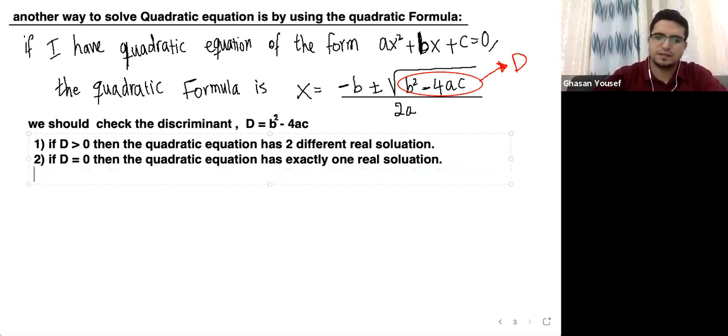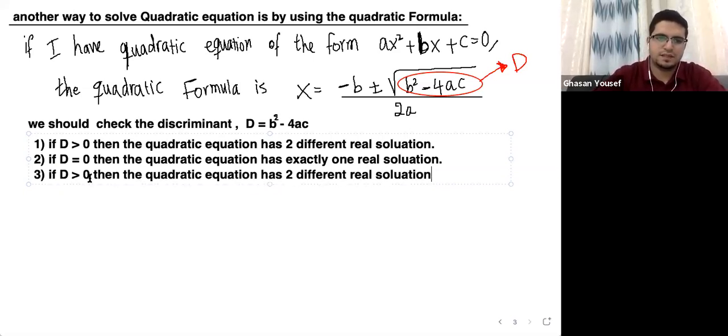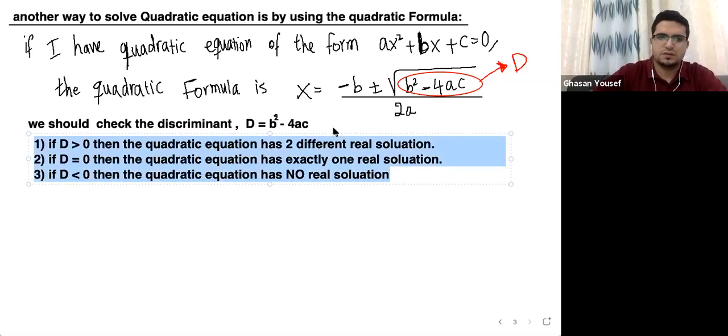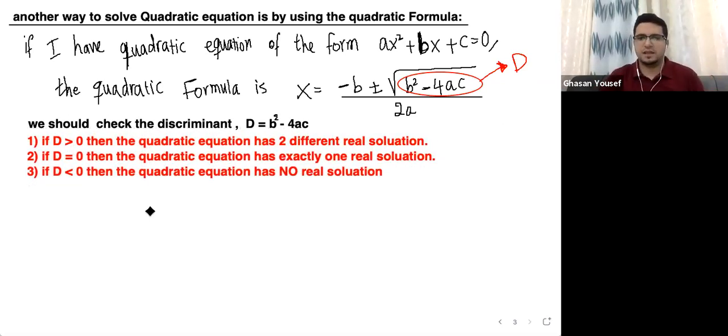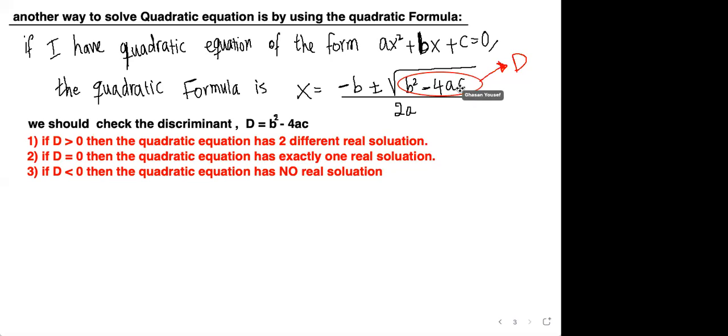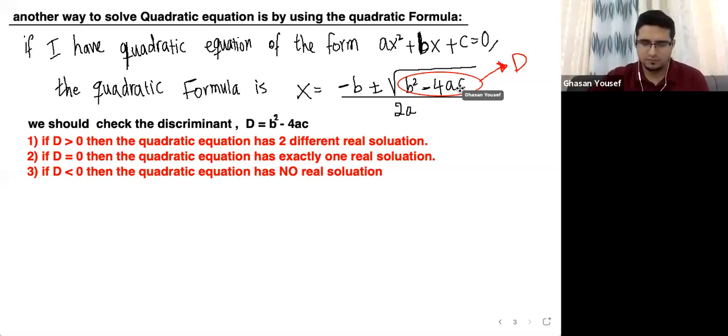Number three, if D is negative, less than 0, then the quadratic equation has no real solution. So this property is very important for D, the discriminant. If D is positive, we have two different solutions. If D equals 0, only one real solution. If D is negative, we don't have any solution.